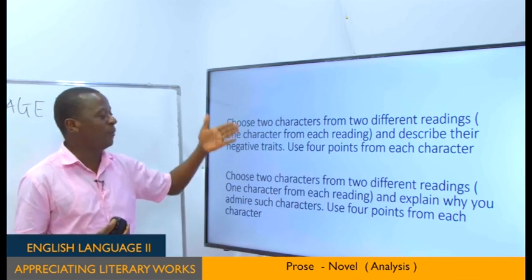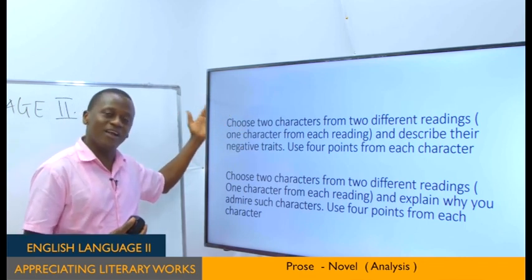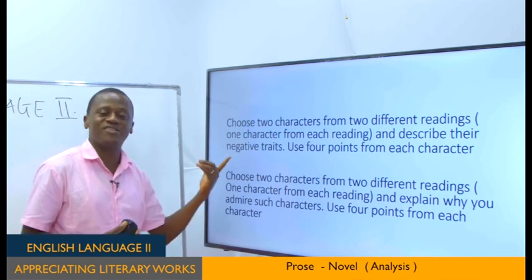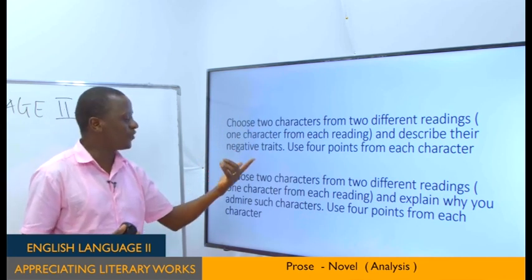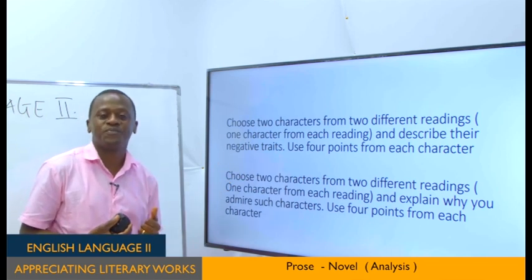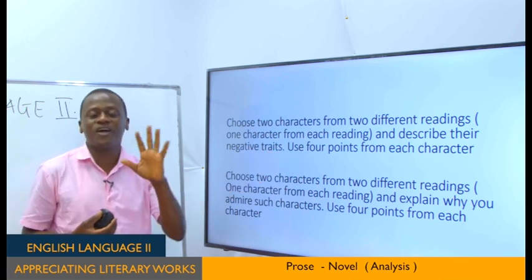This is the same as why you dislike such a character, or why you dislike somebody. It's because of the negative traits, the traits which do not please you. So, again, use four points from each character.